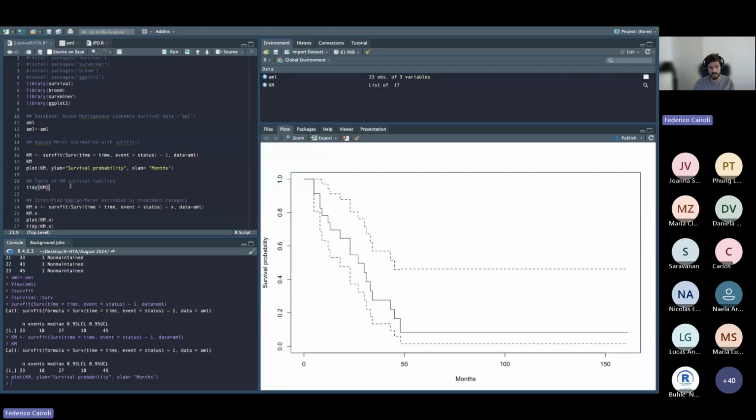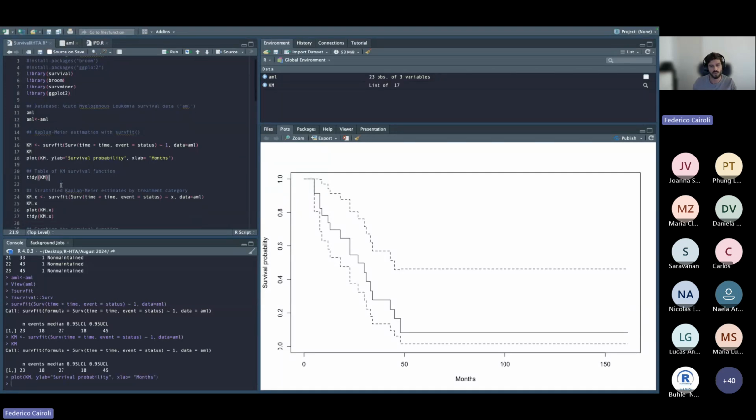So the next thing that we can do, which will be very informative, is to read all this information around the survival probability in a table. To do that, we are going to use another function, which is contained in the survival package also, which is tidy. So we just write tidy, and then between parentheses, our Kaplan-Meier object, okay?